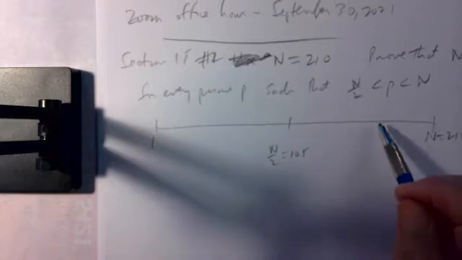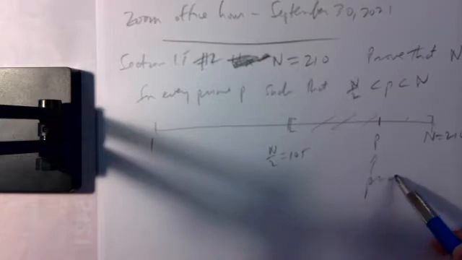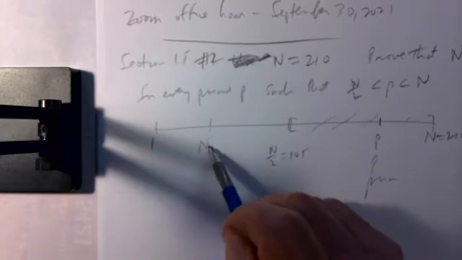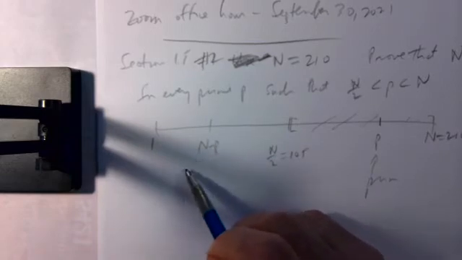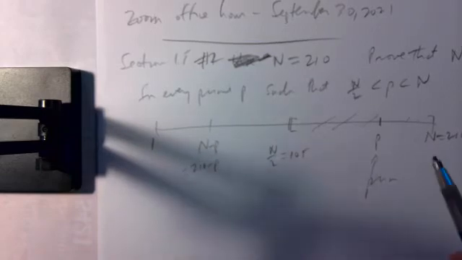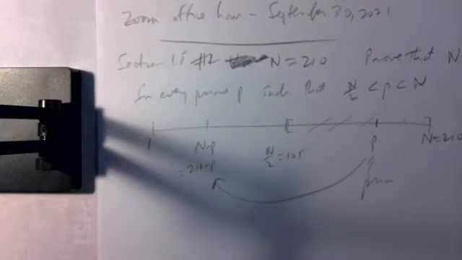And what this says is, if you find any prime p in this interval, then n minus p, or 210 minus p, is also going to be prime.